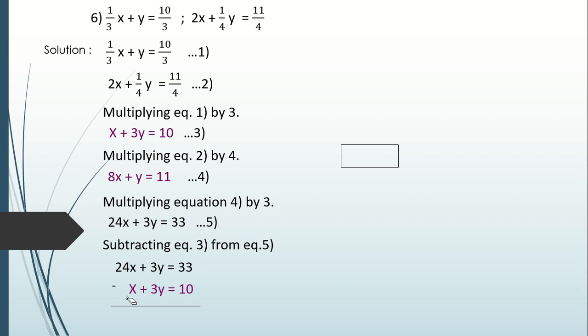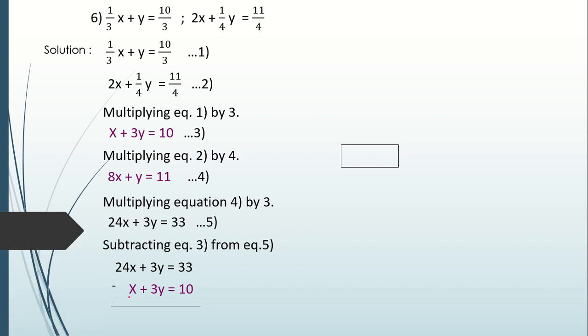Okay, now when you are subtracting, the signs change. This will become minus, this will become minus, this will become minus. 3y will get cut. 24x minus x is 23x and 33 minus 10 is 23. Okay, I hope you are getting what I am trying to say.